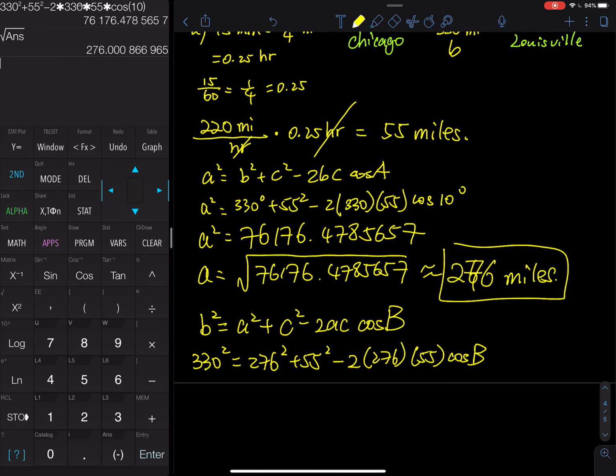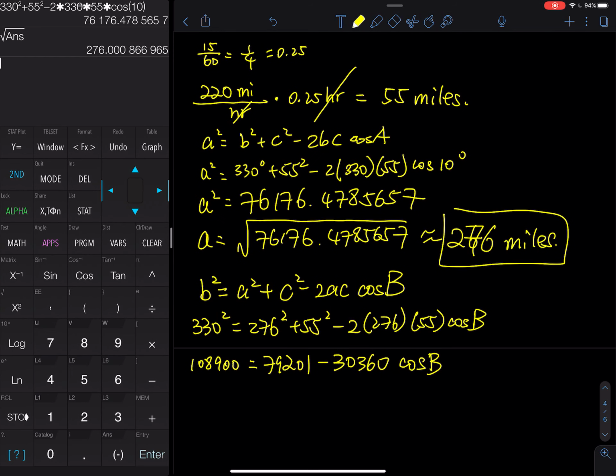So this math, I will just do it without touching my calculator. So that's 79,201 minus 3360, and then times cosine B, and then you have to solve for B. So we subtract the 108,900 and move the cosine B to the left. So this one 79,201, subtract this, and then move the cosine B to the left.